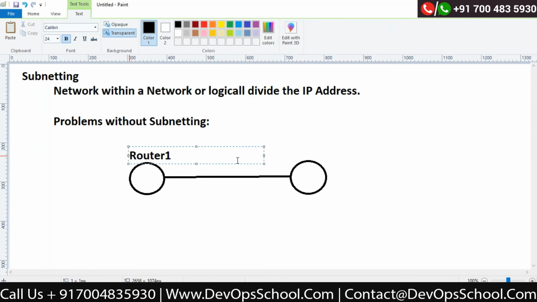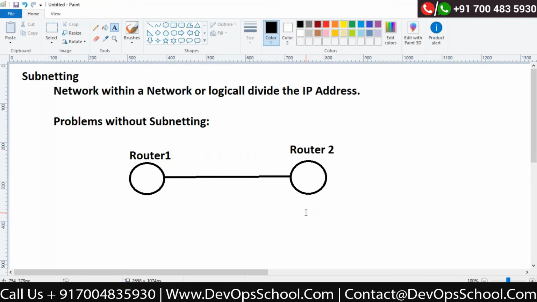Router 1 and this is router 2. Now every router has interfaces. What is an interface on the router? An interface on the router means entry and exit point. Sometimes the exit point would be the same, but there are multiple entry and exit points for your local area connection.